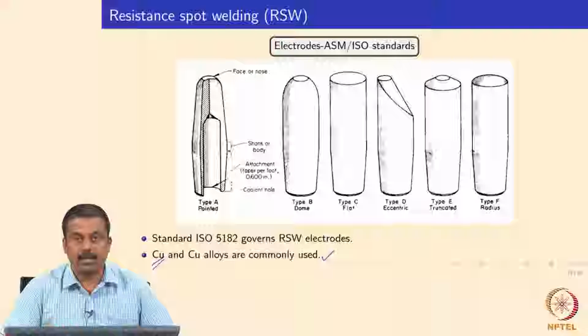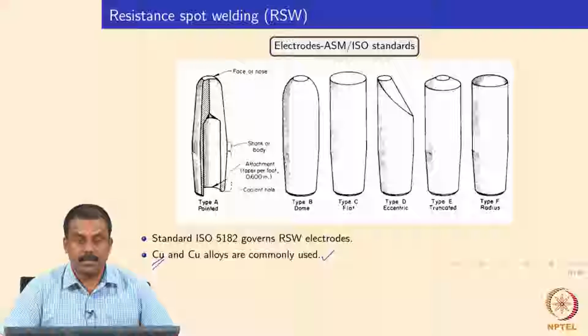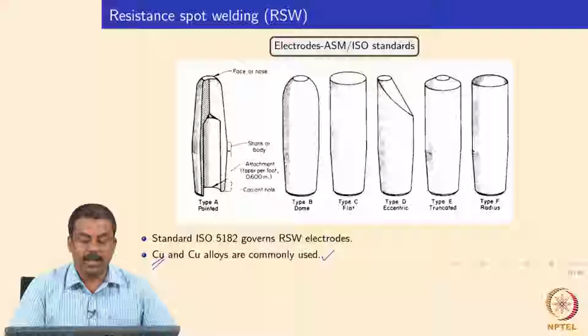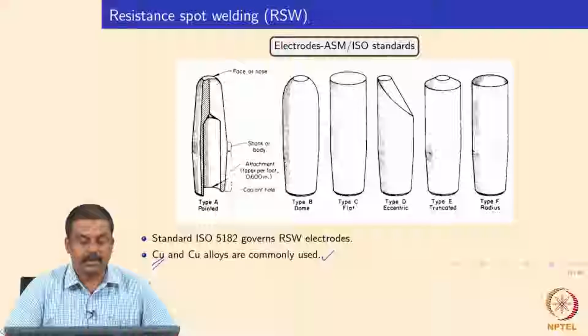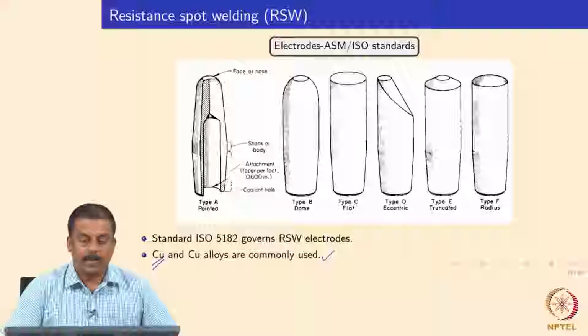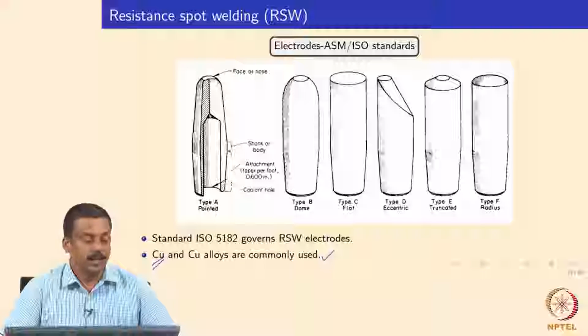The copper can form bronze or brass, depending on the composition of the galvanized layers, so that the electrode deteriorates in its surface characteristics over the period of usage. We are not going into detail about those aspects. We will concentrate on the main process considerations as well as metallurgy.